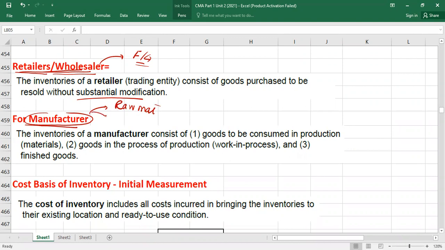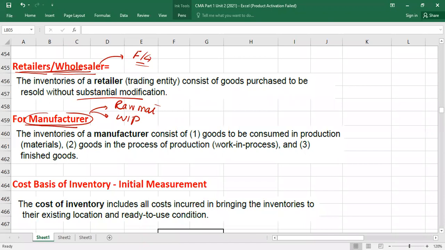So you might have inventory in shape of work in process or work in progress. It means you might have some items still in the production line, which are not yet completed by the end of the period, right? Maybe it will be completed in the next accounting period. So those goods are called work in progress.